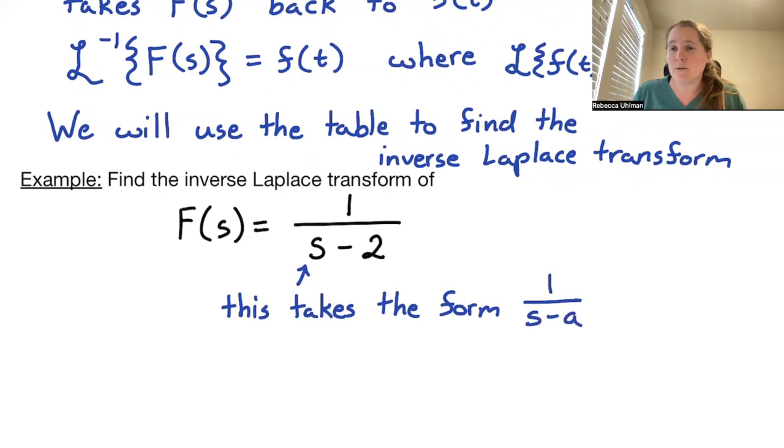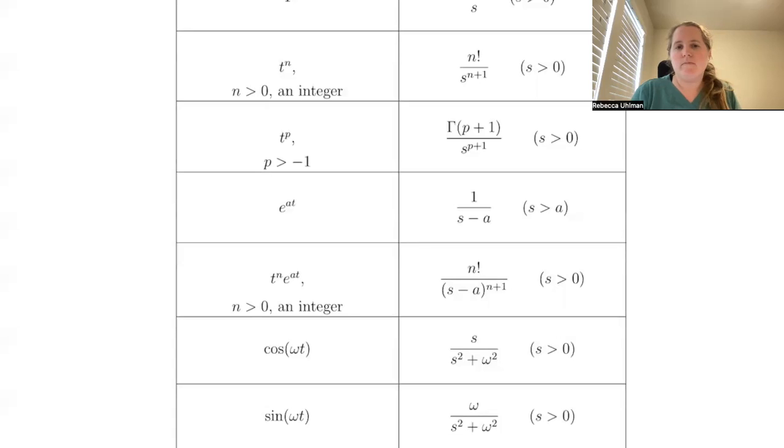So what we need to do is identify that form on our table and then go back to the original function. Switching over to our table, we have that 1 over s minus a came from e to the at as our lowercase f of t function. So this is what we will want to use.